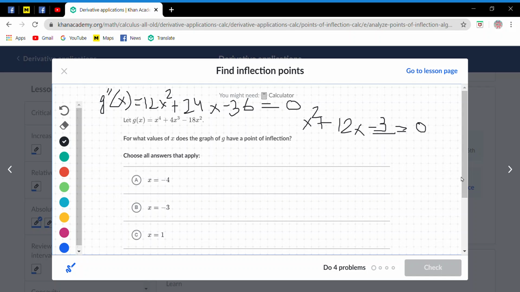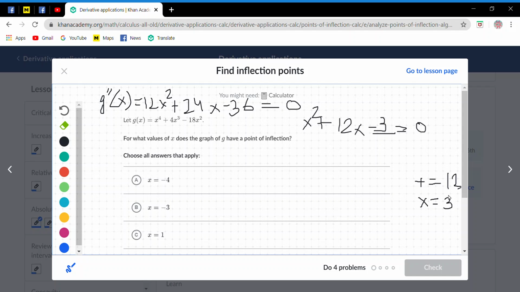So let's factor this. The product should be minus 3 and the sum should be 2, so 3 and 1 is the only option.